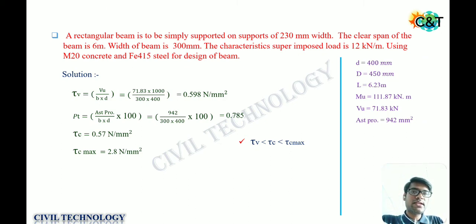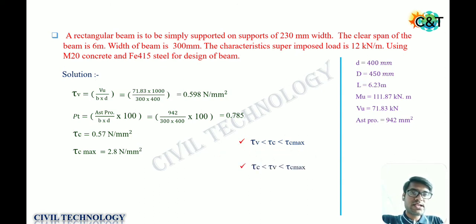Now let's see whether we have to calculate shear reinforcement directly or it is required to revise the section of our beam. That is very important, because just checking this condition is not sufficient.